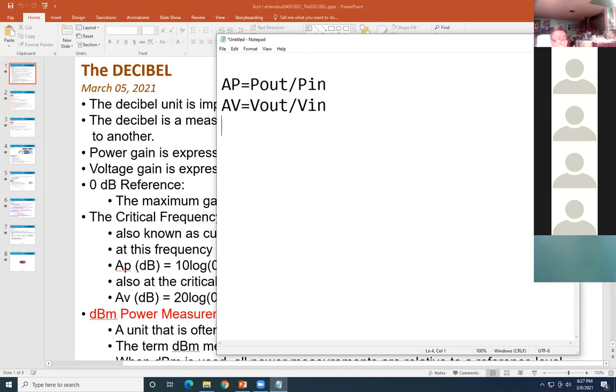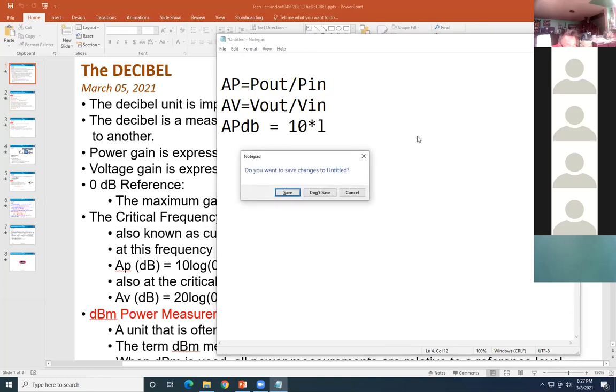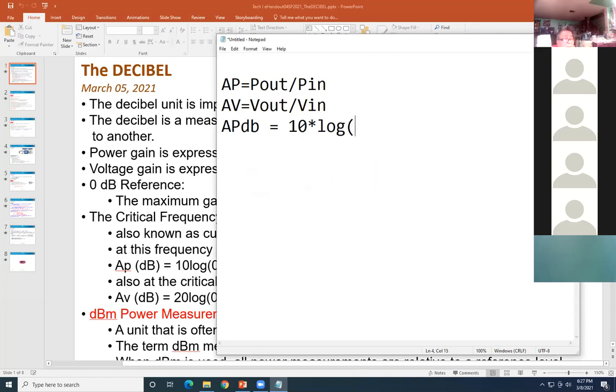However, if you want to do a calculation of power gain or voltage gain or current gain in decibels, then the formula for AP in dB will be equal to 10 times log of P out divided by P in.